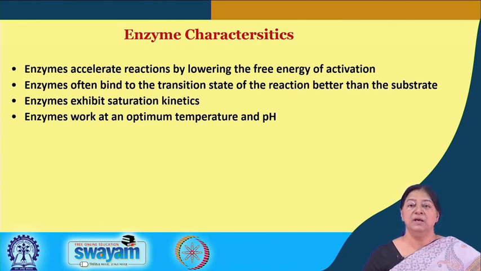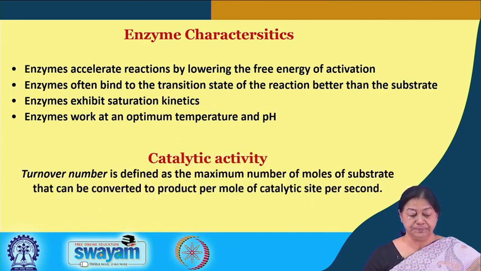We have to remember that these enzymes being proteins, any extreme of pH we learnt will denature the protein, any extremes of temperature will also have an effect on the protein structure, which in turn will affect the enzyme active site, and the enzymatic ability will be lost.